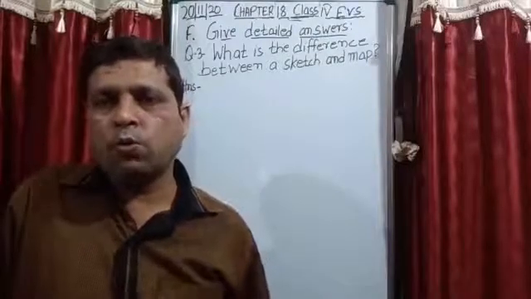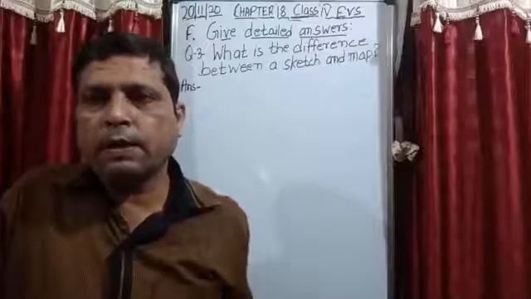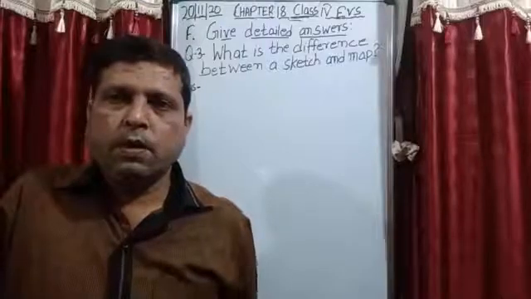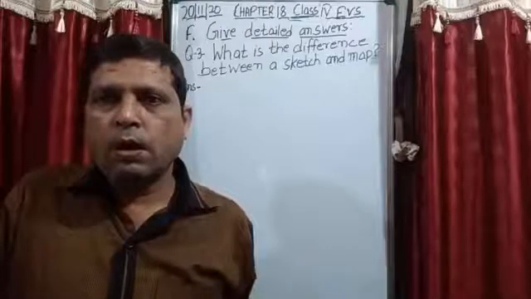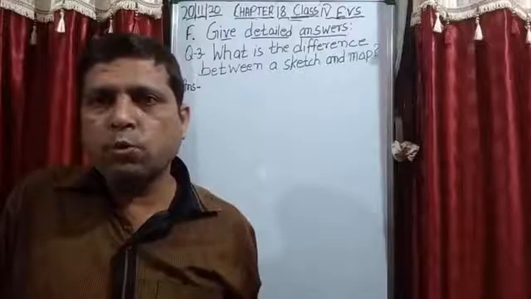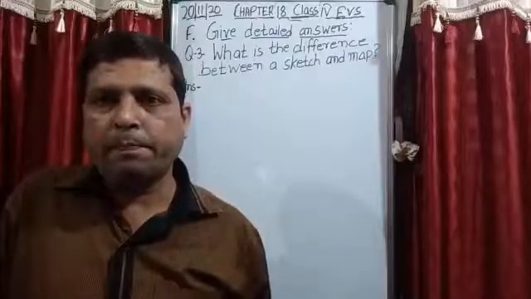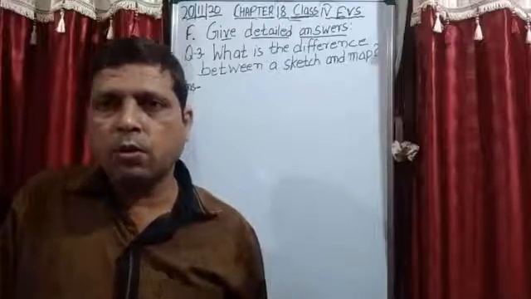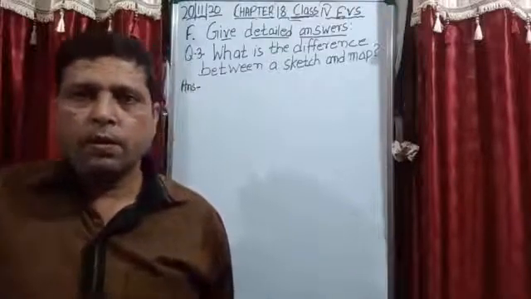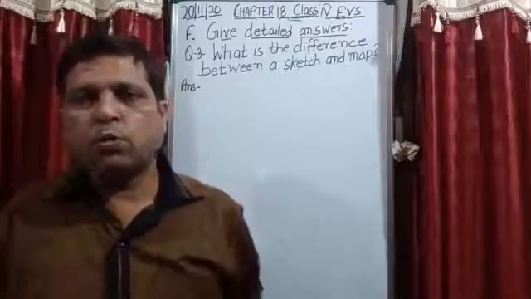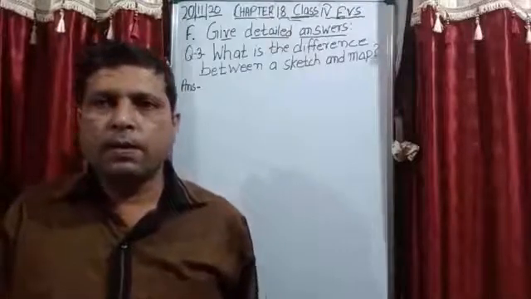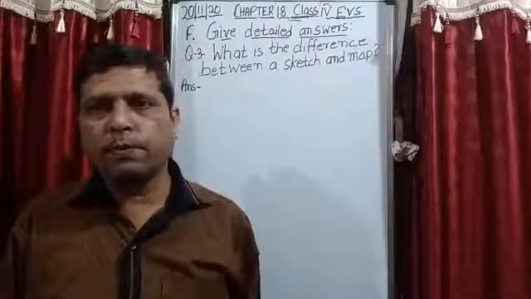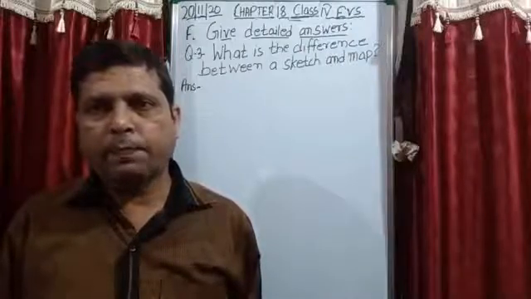No, you can take different scales in different kinds of maps. Symbols are also used on the map. Colors are also used on the map. So students, there are many features which are used on the map.